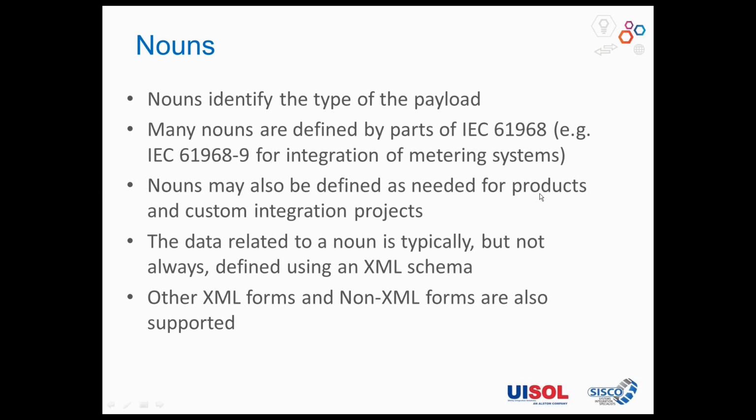So they may be defined as needed for products and custom integration projects. So you may have new ones coming in. So the Part 100 does not go into defining the nouns. It defines the verbs. It defines the message envelopes that the noun payloads would be provided within.